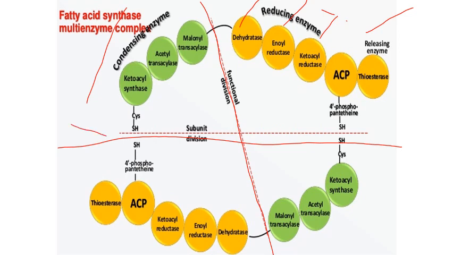This is known as the subunit subdivision, but for the proper functioning of the fatty acid synthase complex, it always should have two monomeric units, and the first half of the condensing enzyme and the second portion of the reduction unit together only can carry forward the fatty acid synthesis.